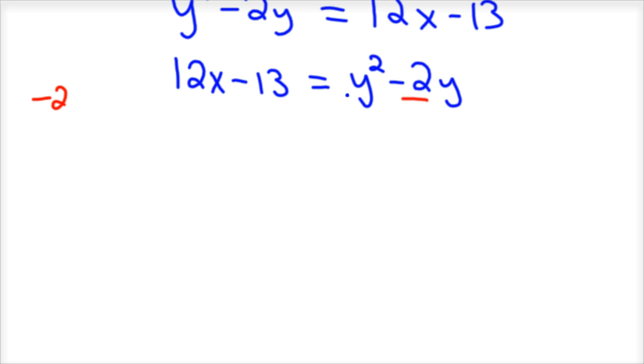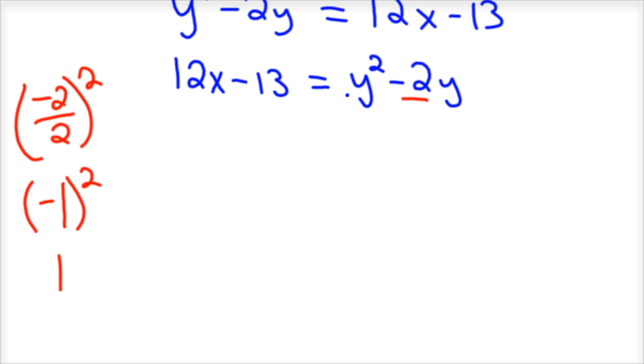Negative 2 divided by 2, and then I'm going to square that. Negative 2 divided by 2 is negative 1, and when you square that, you get 1. So negative 1 squared is 1. We're going to add that to both sides of the equation, so plus 1 here and plus 1 here, and that way the equation stays balanced.